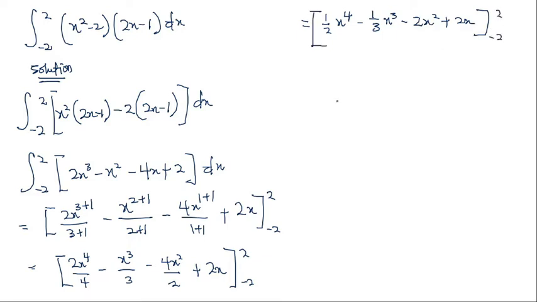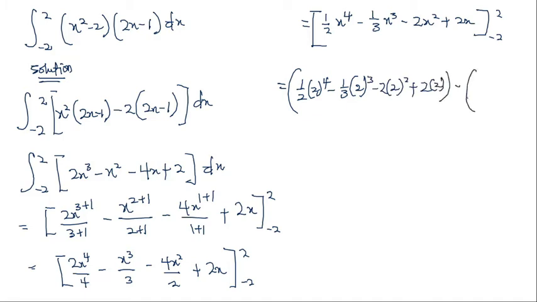From -2 to 2. So what this means is we are going to substitute the value of 2 in place of x over here. So we have half 2 raised to the power 4, minus 1 over 3, 2 cubed, minus 2 into 2 squared, plus 2 into 2.